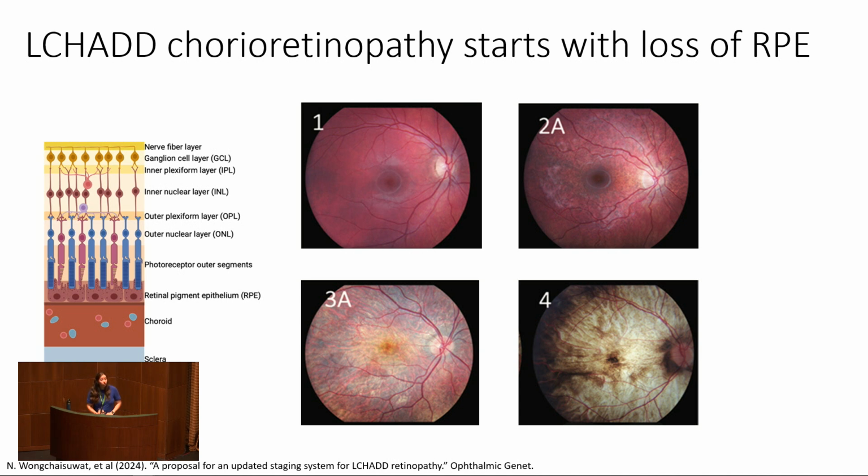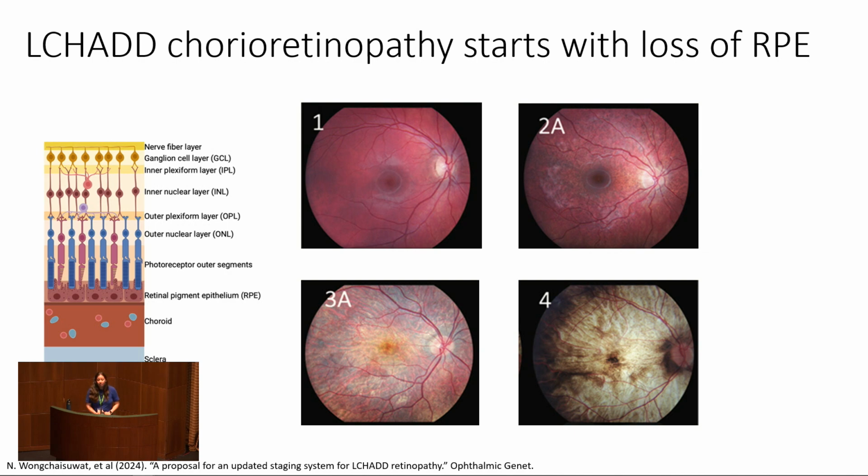And in a normal fundus image, you want to see an eye that is uniformly pigmented, which would be located in picture number 1. It's a nice uniform pigmented color. In LCHADD patients, the first sign of LCHADD chorioretinopathy is that fundus images begin to have this mottled appearance, and you start to see these areas of hypopigmentation, as seen in picture 2A.